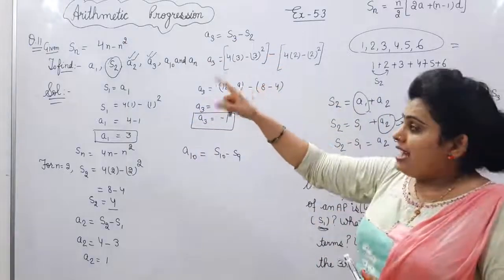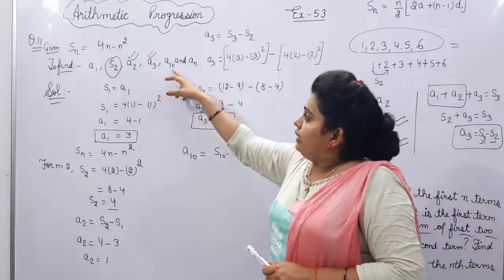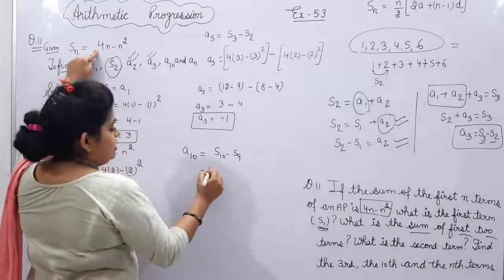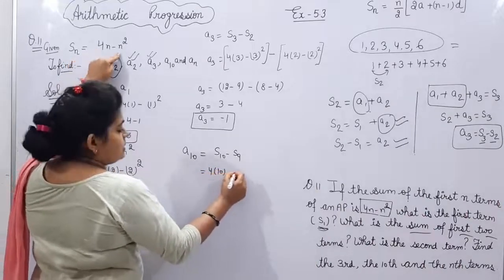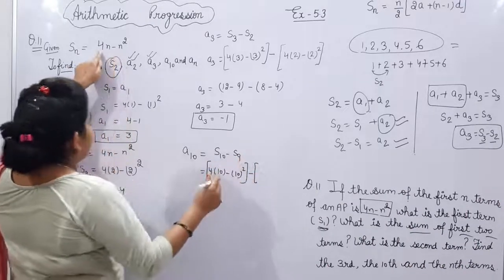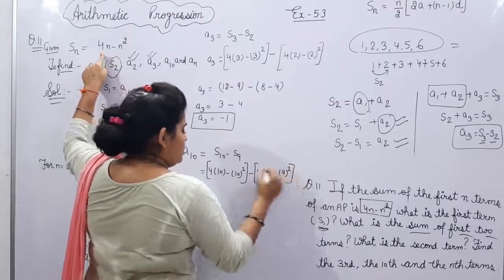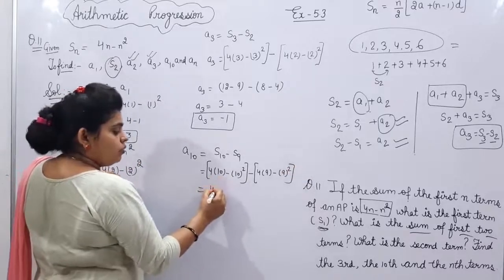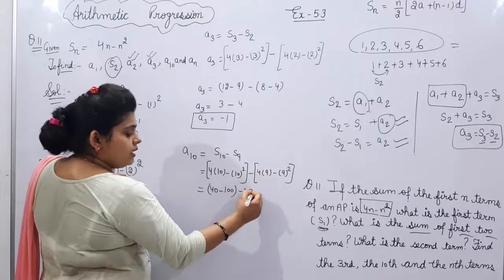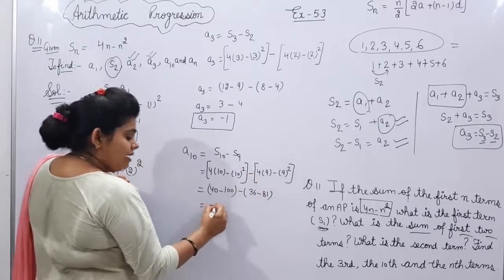Sum Sn formula given है. Sn is equal to 4n minus n square. n की values हमें given है 1 2 3 10 and so like this. We have to find A10. Then this A10 will equal to S10, 4 into 10 minus 10 square, minus S9, means 4 into 9 minus 9 square. 4 tens are 40 minus 10 square 100, minus 4 nines are 36 minus 9 square 81. 40 minus 100 is minus 60.